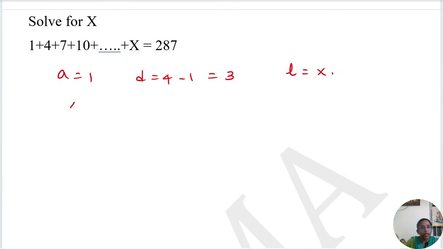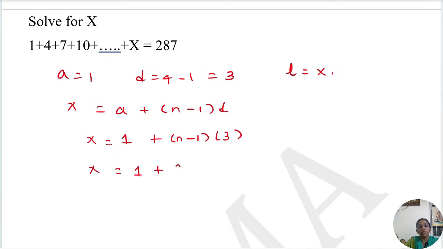So the formula is an is equal to a plus (n minus 1) into d. So x is equal to 1 plus (n minus 1) into 3. So x is equal to 1 plus 3n minus 3. So here x is equal to 3n minus 2. So from here the n value will be (x plus 2) divided by 3.